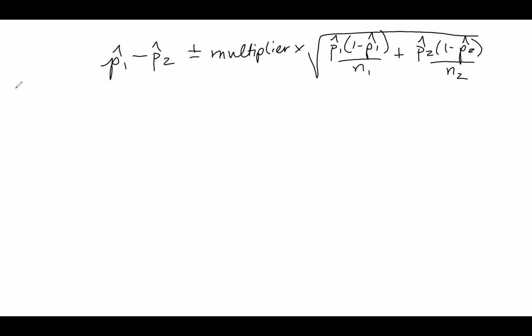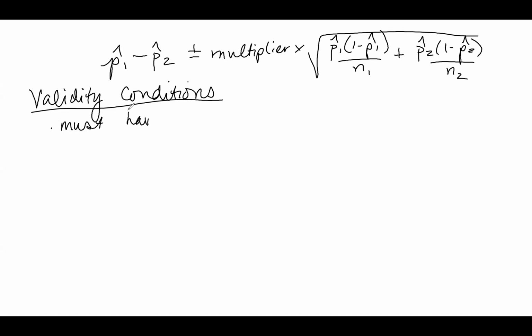Because these are both theoretical methods, we need to think about our validity conditions. So we must have at least 10 successes and 10 failures in each group.